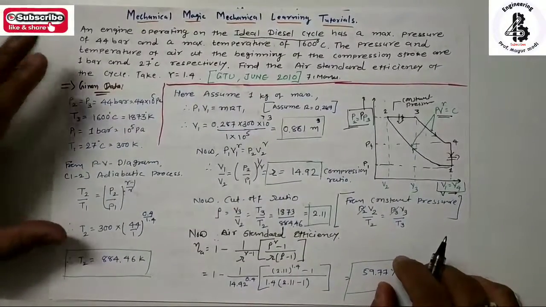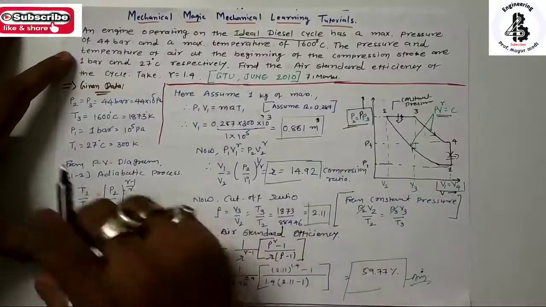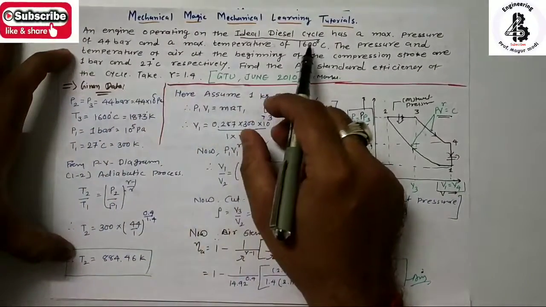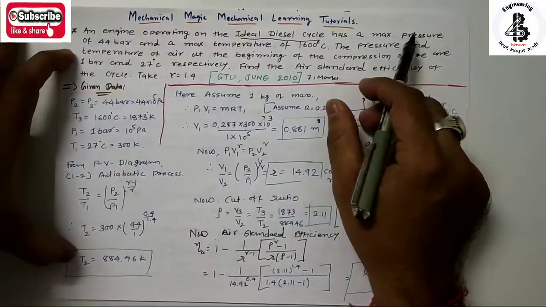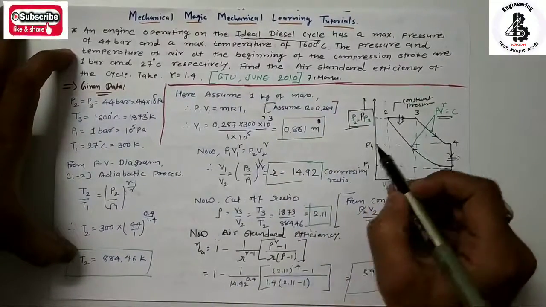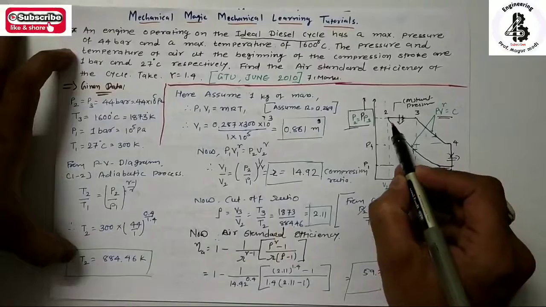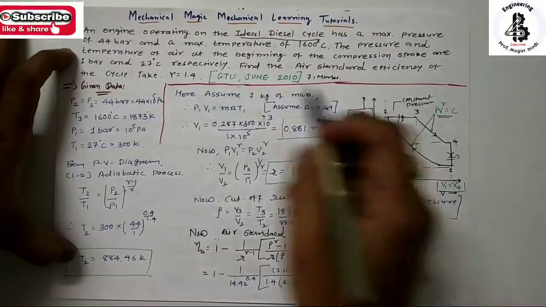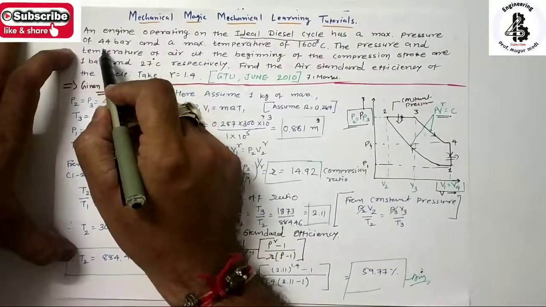So let us see which kind of data is given to us over here. An engine operating on an ideal cycle has a maximum pressure of 44 bar. You can find from the figure, or the PV diagram, the maximum pressure will be P2 equal to P3, equal to 44 bar.